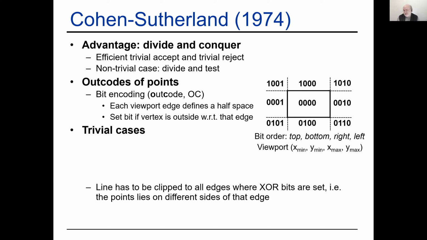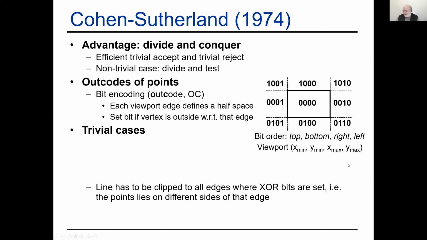So here, Cohen and Sutherland realized that it's important to encode what they call outcodes of a point or of a vertex. These outcodes are a bit encoding that, for each of the edges of a rectangle, so it's limited to rectangular viewing screens clipping geometry, encodes whether the vertex is out with respect to that edge or not.